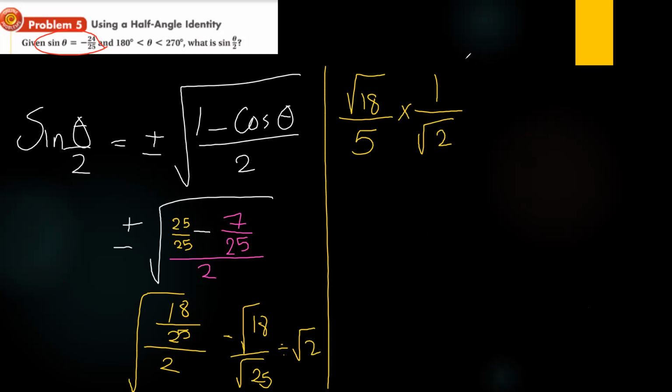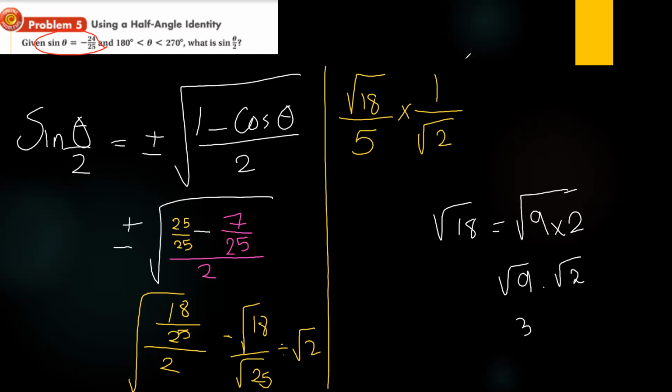Then you need to simplify this radical. You remember square root of 18 is square root of 9 times 2. Then you will distribute the radical, square root of 9 times square root of 2. So it will be 3 square root of 2. So here I will replace square root of 18 with 3 square root of 2.